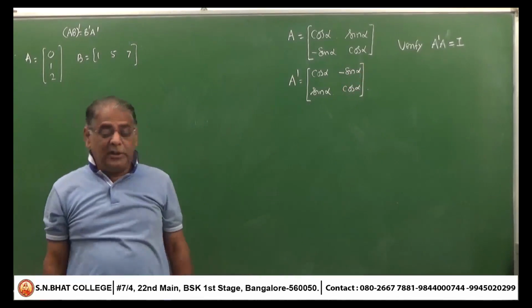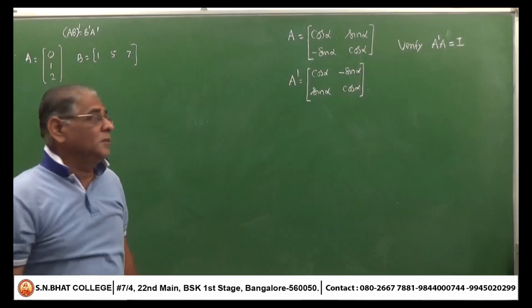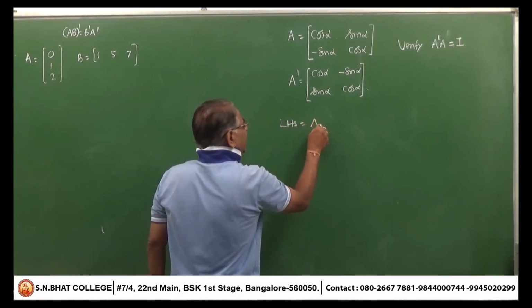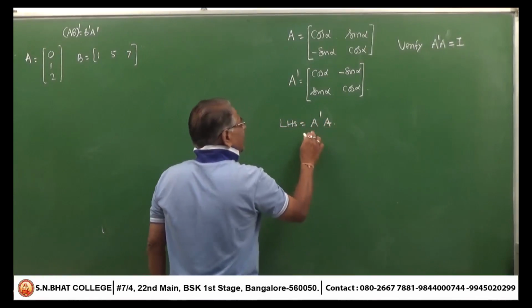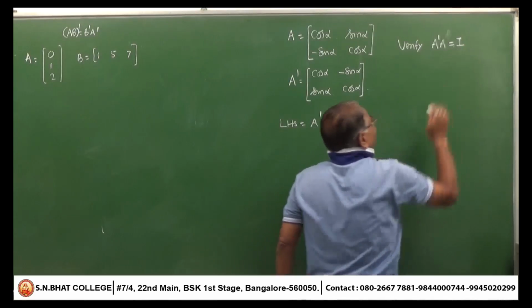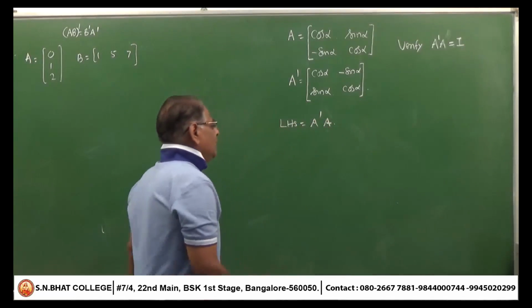Cos alpha, minus sin alpha, cos alpha. Next, the left hand side, we have to verify. The left hand side is A transpose into A. After simplifying, I should get an identity matrix I, a 2 cross 2 identity matrix.